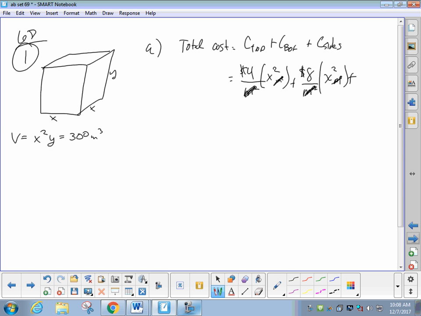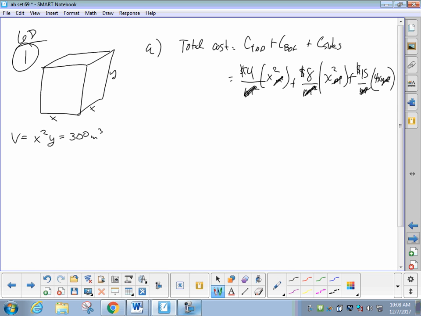The sides, the walls, are $15 per square meter. And I would then multiply that by how many square meters? How many square meters to the sides? XY per side times 4, right? So 4XY square meters cancel.